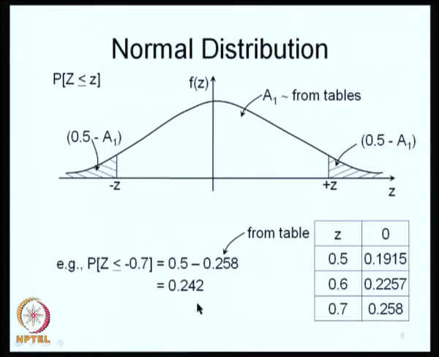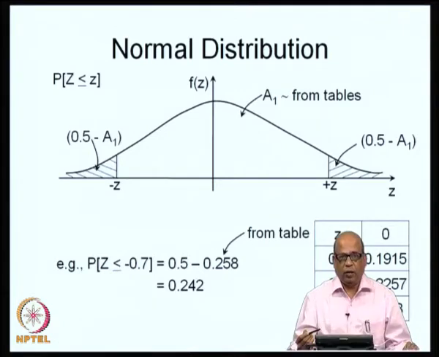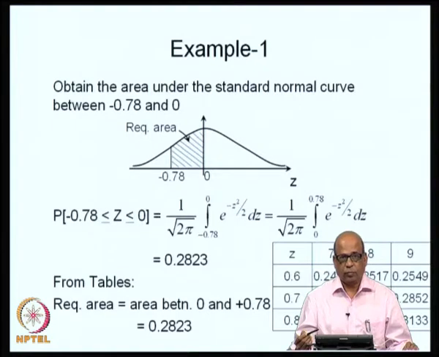In all these problems we must first understand what area under the standard normal curve we are looking at, and then use the fact that the standard normal distribution is symmetrical about z equal to 0, pick up the associated areas from the tables and convert them into the associated probabilities.